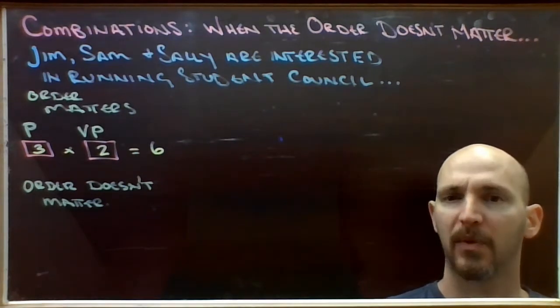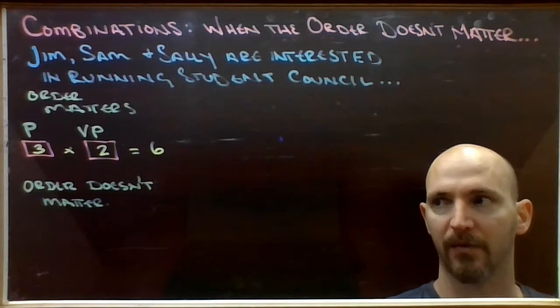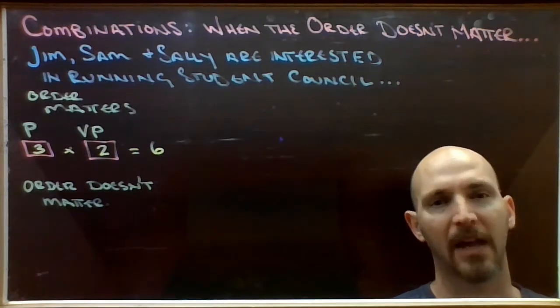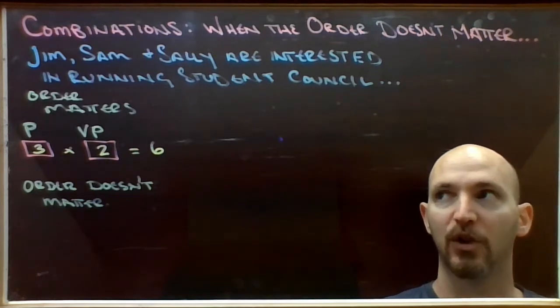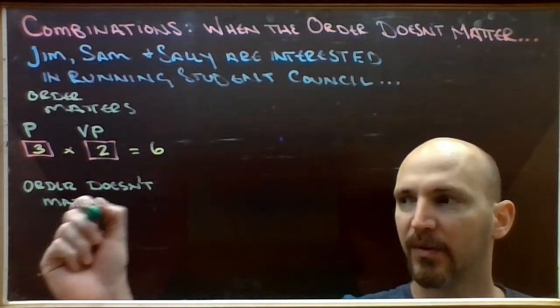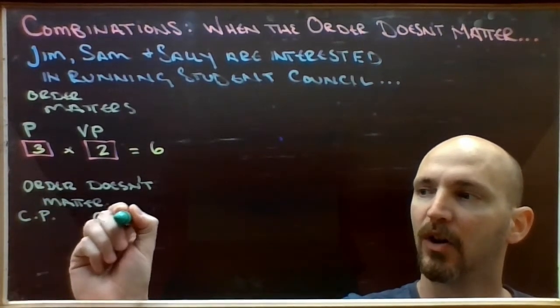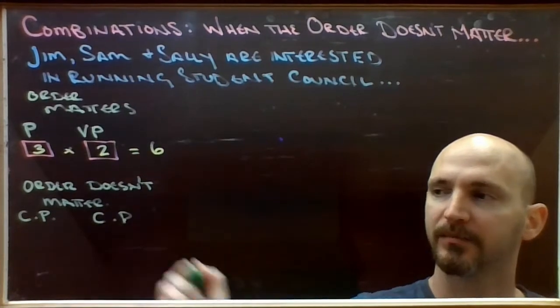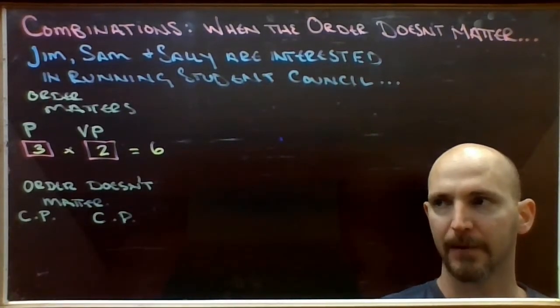So both of those people have equal responsibilities and they have equal authority over everything. So it doesn't matter whether you're co-president number 1 or co-president number 2. You are simply considered a co-president. So if we were to do that, co-president, co-president, suddenly the order is irrelevant.